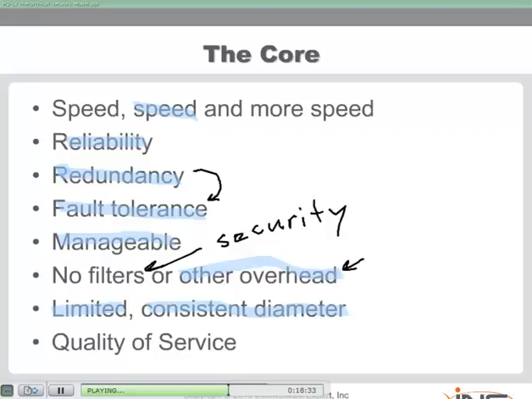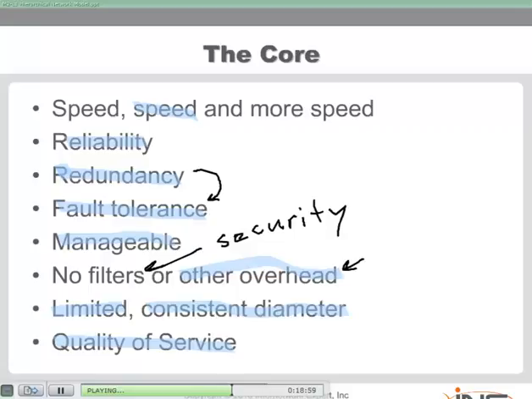And a very powerful ingredient that we're going to have in the core is quality of service. But the quality of service that we are going to implement in the core might not be the same exact parameters of quality of service that we would have at the edge.